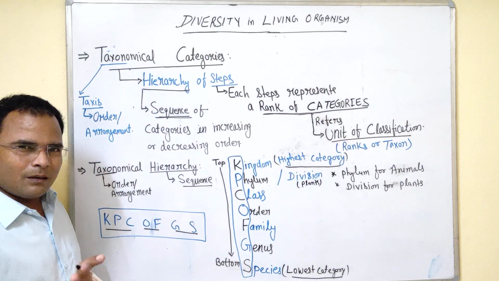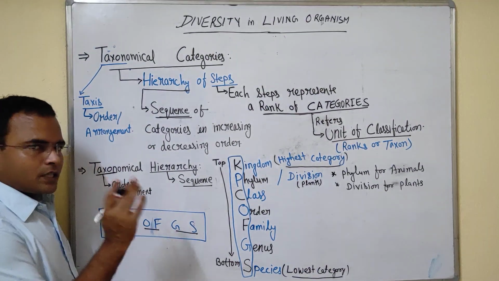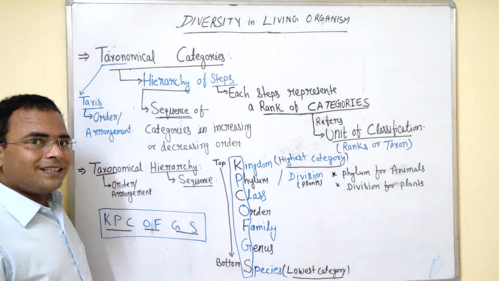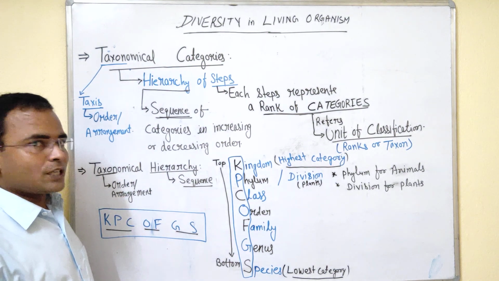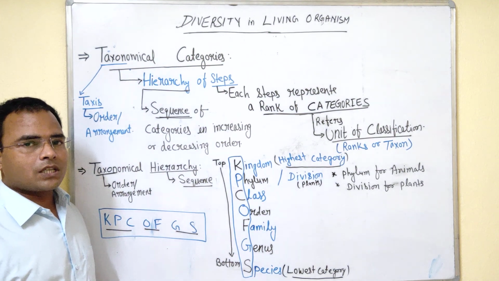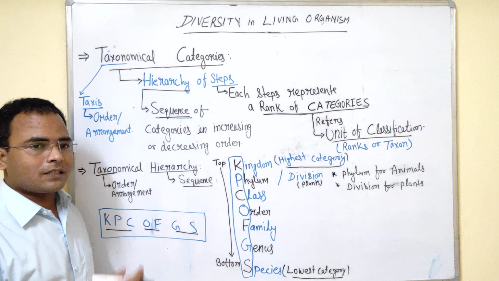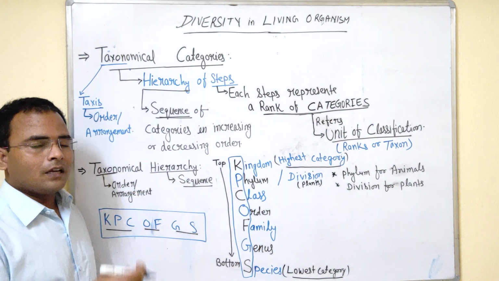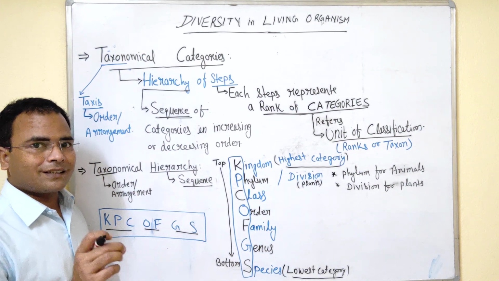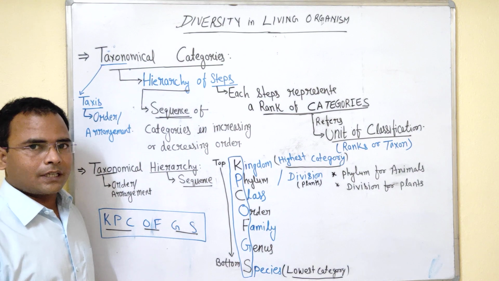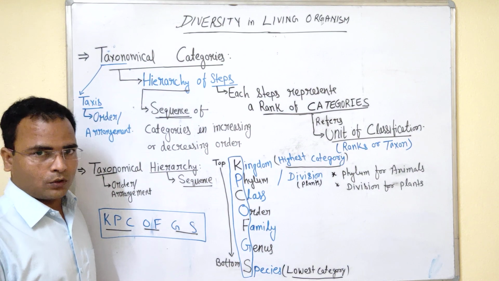What these are, we will come to later on. First, we will remember how they are arranged, because in various examinations they ask for the systematic arrangement, the correct order of these taxonomical categories from top to bottom or bottom to top.